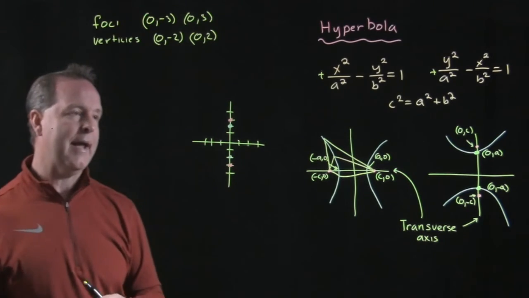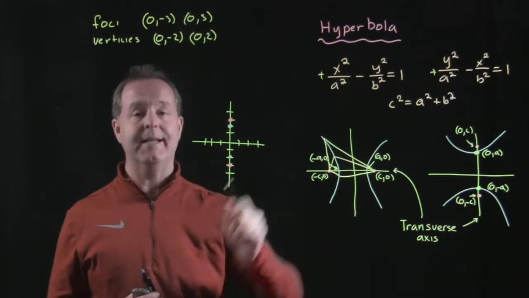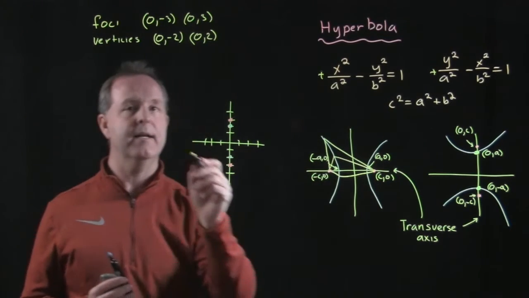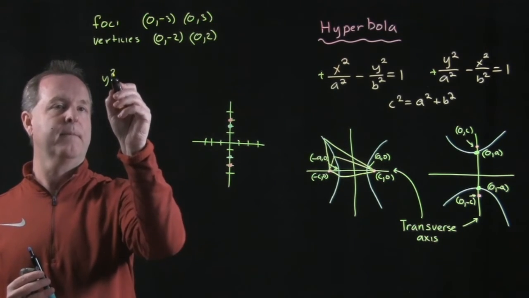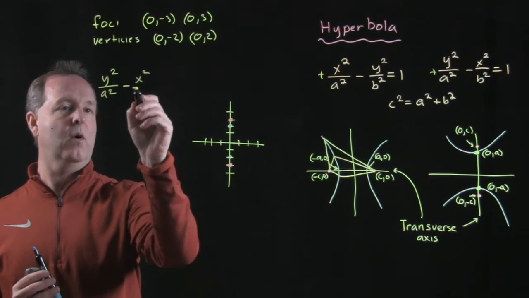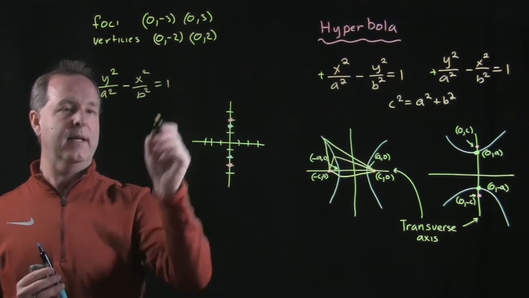Now I have a little bit of information to know which standard form I will use. Since it's a transverse axis on the vertical side, my standard form is y squared over a squared minus x squared over b squared equals 1.